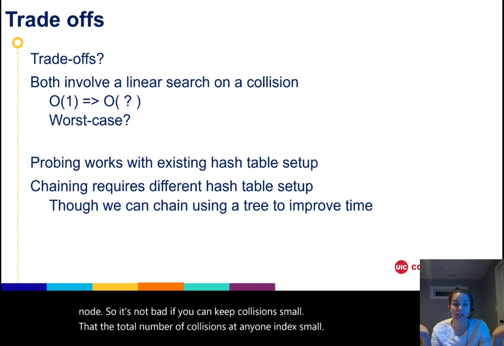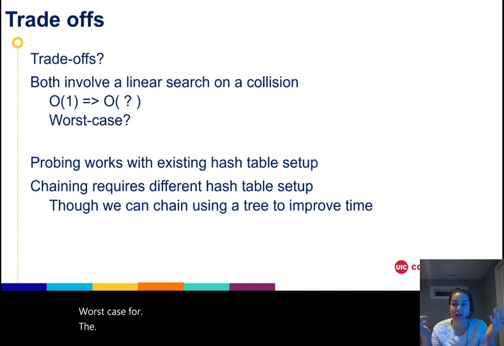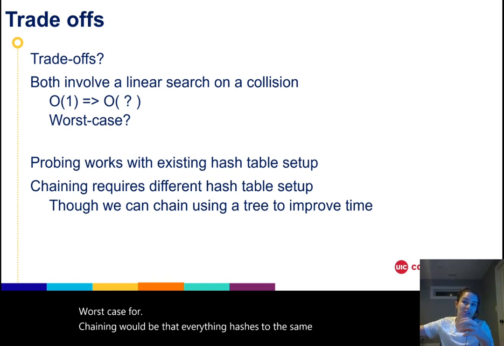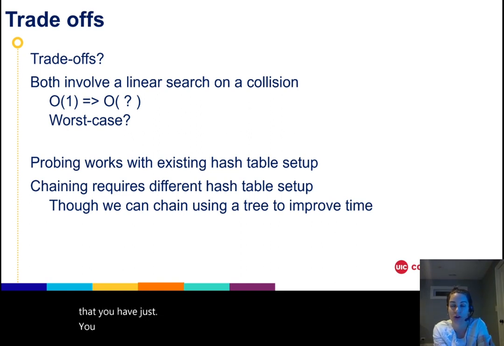The worst case for chaining would be that everything hashes to the same index, and so then you just have a linked list and all of the elements are in the linked list, which would mean that you have just turned your hash table into a linked list.